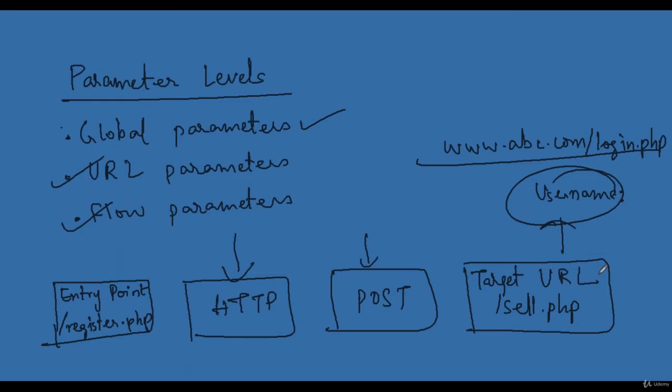Defining a parameter in the context of a flow is what defines your flow parameters. So on a standard level, these are your parameter classifications.